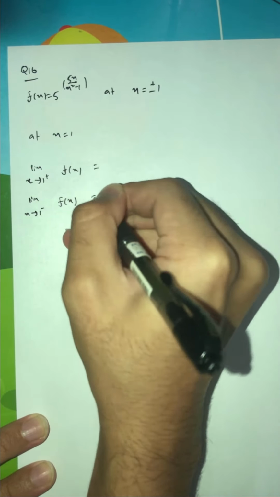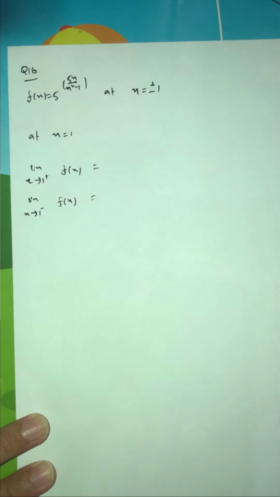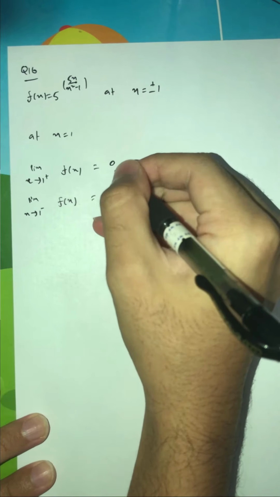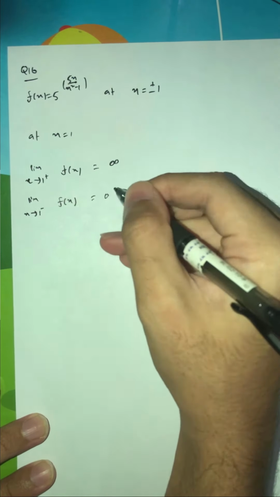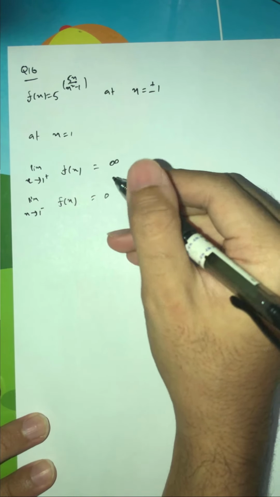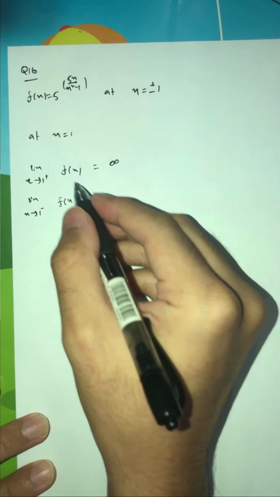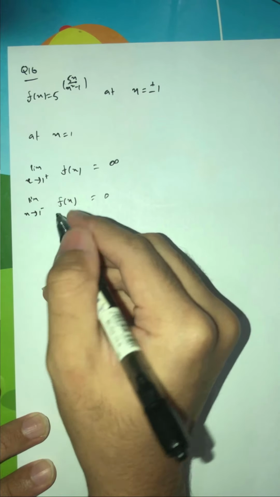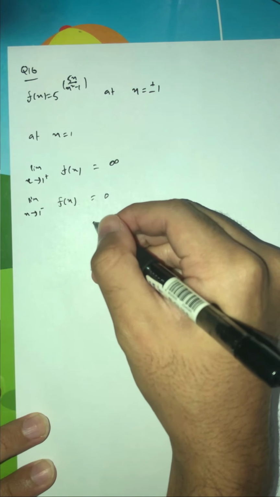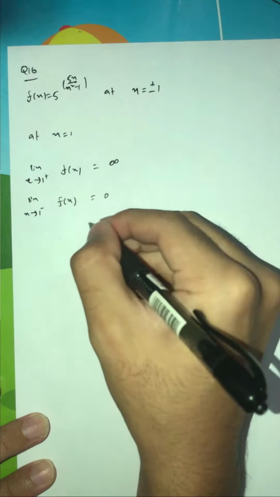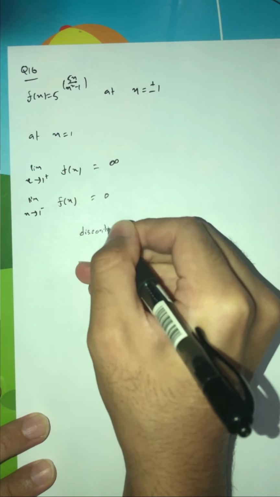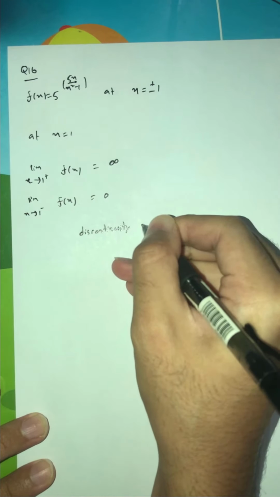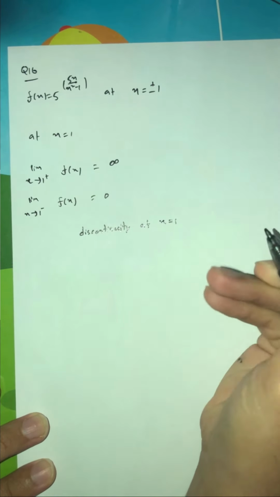So find this by yourself. You will get infinity here and 0 here. So from the right is not equal to from the left, so the limit does not exist, which means discontinuity at x equal to 1.